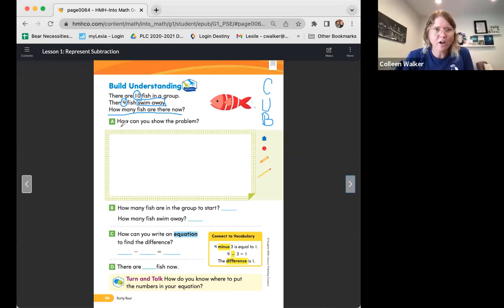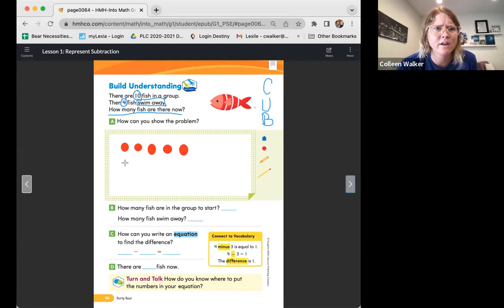All right. Part A, it says, how can you show the problem? So why don't we start by drawing some circles that represent the fish? So how many fish were there total, friends? 10. So can you guys count to 10 with me? 1, 2, 3, 4, 5, 6, 7, 8, 9, 10.